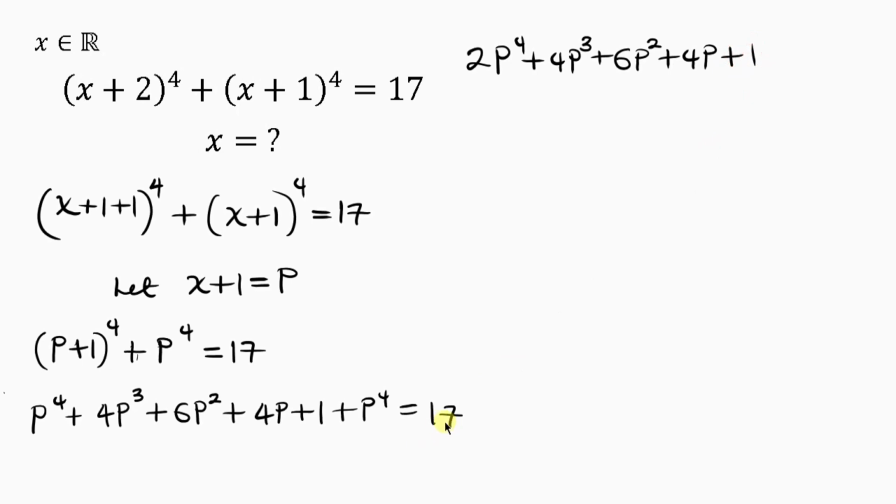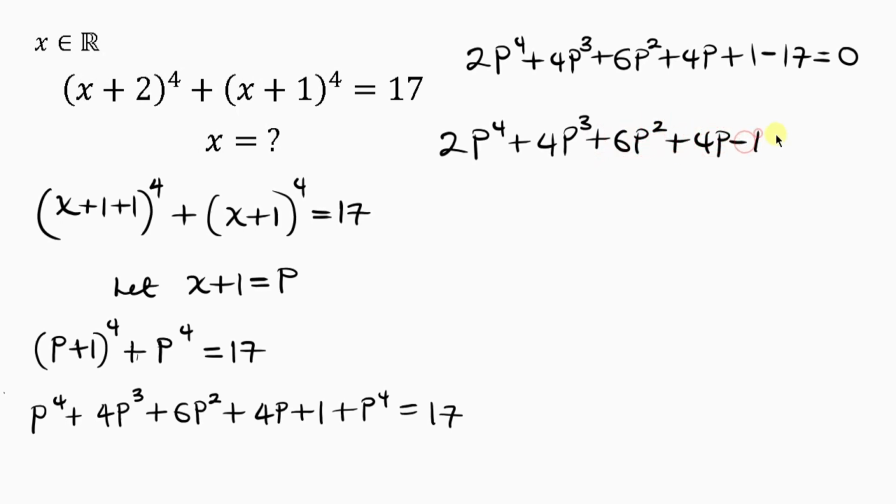I'm going to be moving 17 to the left hand side so that it becomes negative 17. Now nothing is remaining on the right, so equal to 0. So 1 minus 17 is going to give me negative 16. So we have 2p^4 + 4p^3 + 6p^2 + 4p - 16 equal to 0.